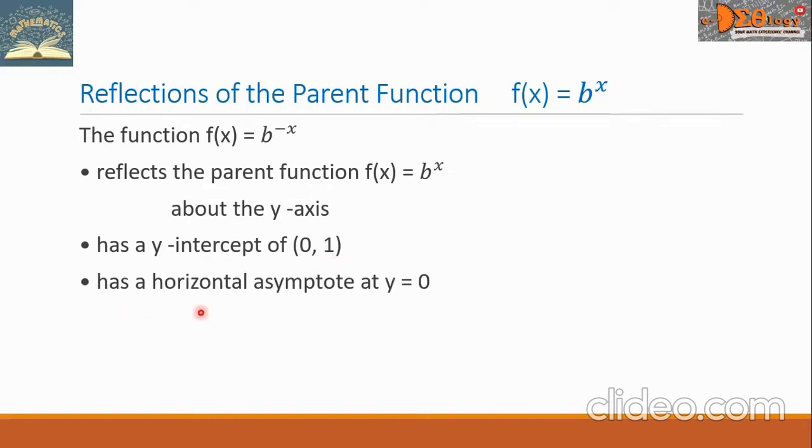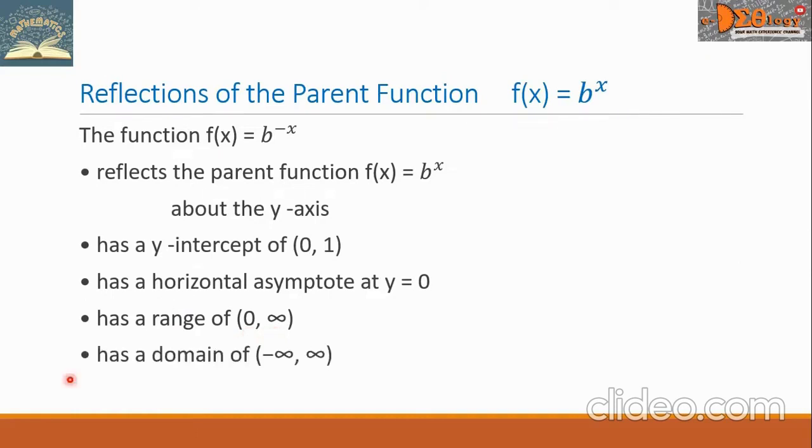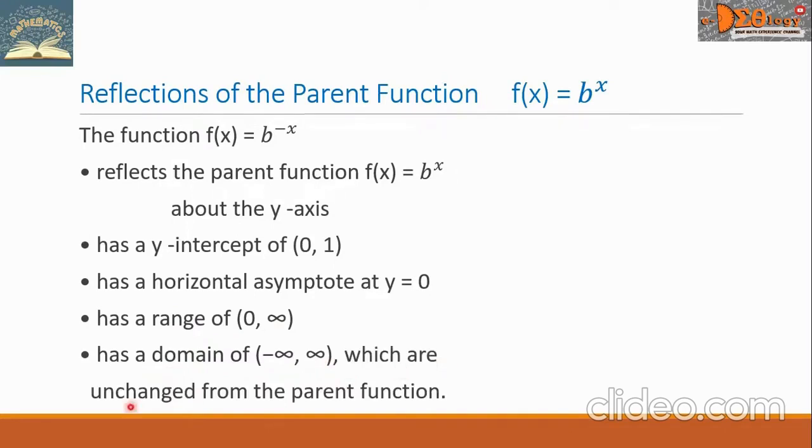It has a horizontal asymptote at y equals 0. It has a range of from 0 to positive infinity. It has a domain of negative infinity to positive infinity, which are unchanged from the parent function.